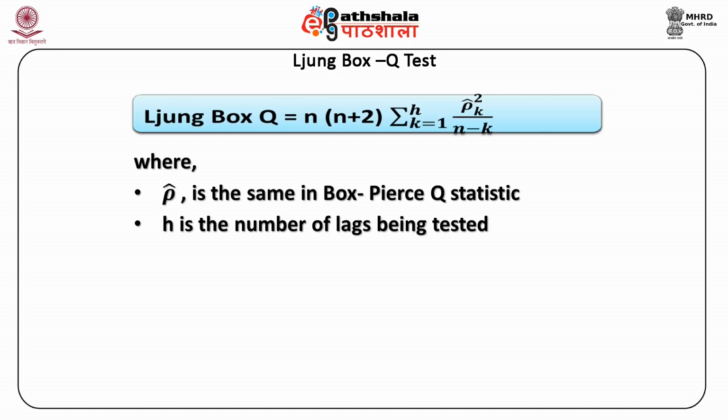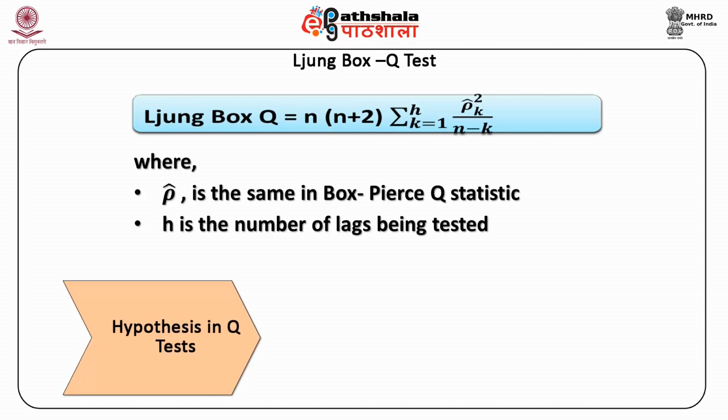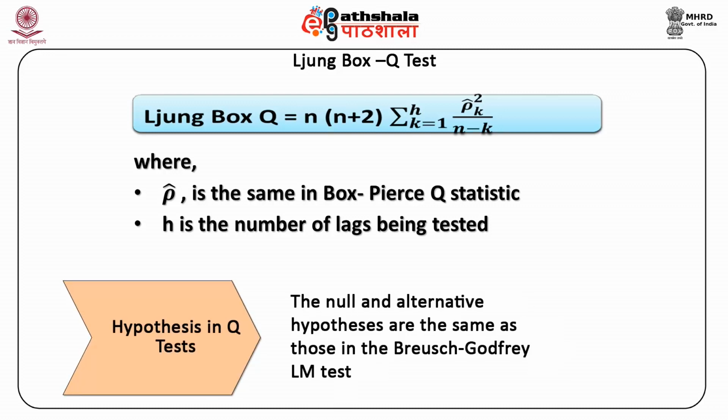But when it is applied to test for autocorrelation of the disturbance term in a model, the degrees of freedom of the test statistic have to be computed by subtracting the number of parameters from the total number of observations. Hypothesis in Q tests. The null and alternative hypotheses are the same as those in the Breusch-Godfrey LM test.